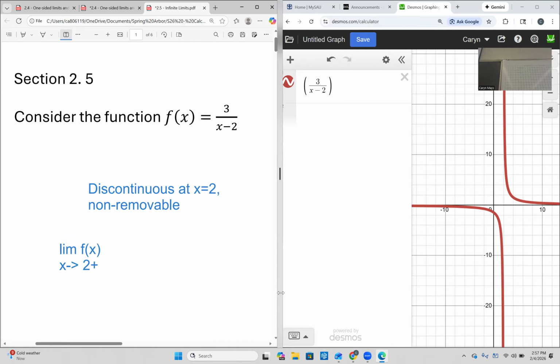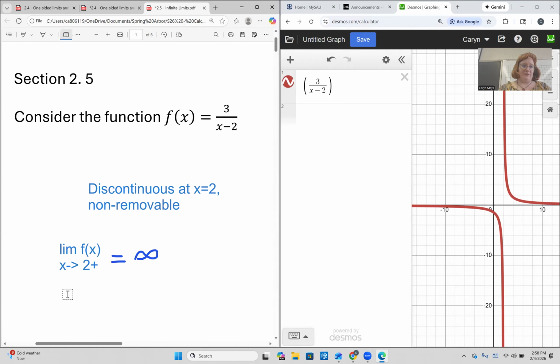But if I look at x as it goes to 2 from the right, I can say it doesn't exist because it goes to infinity, but I can actually be even more precise and say that limit is infinity.